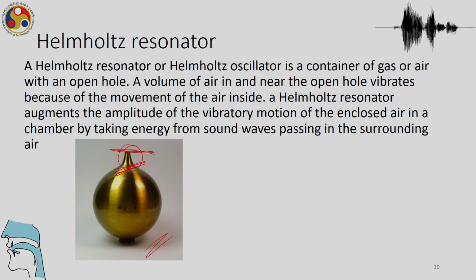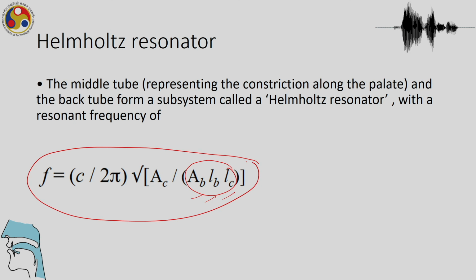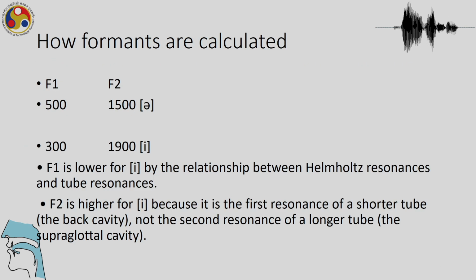As you can imagine, the additional tube that appears in the vowel E is a bit more complex than the formula that we had seen for the calculation of the other two vowels, schwa and A. F1 is lower for E by the relationship between Helmholtz resonances and tube resonances, and that's why we always find that the F1 for the vowel E is much lower.